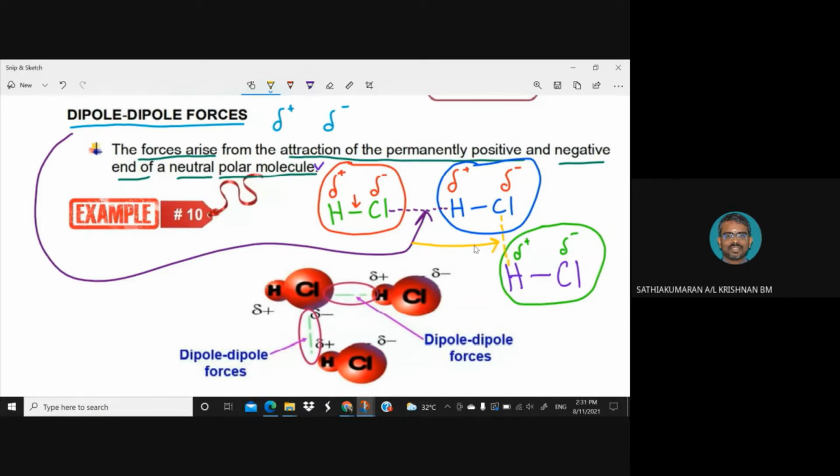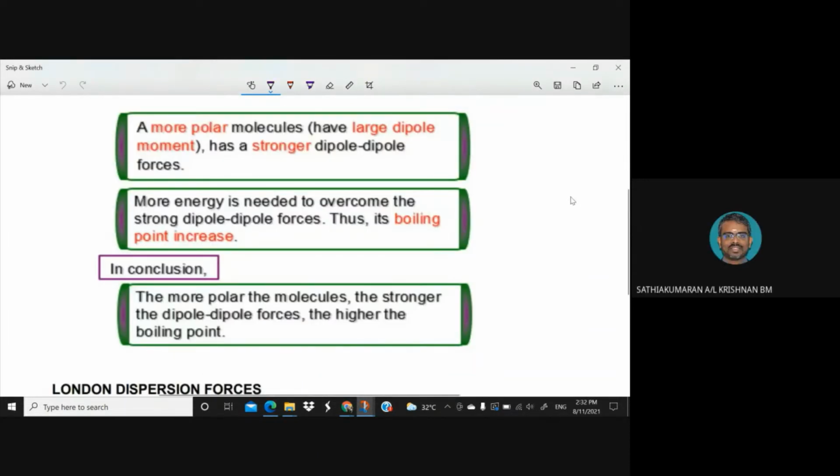Okay, can you follow what is the meaning of dipole-dipole force? How to measure the strength of dipole-dipole forces? How do I know that dipole forces are very strong? It depends on the molecule.